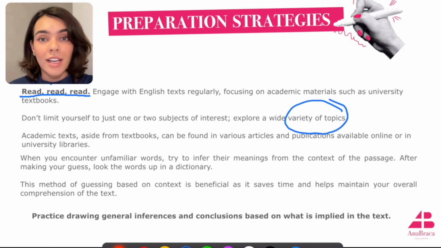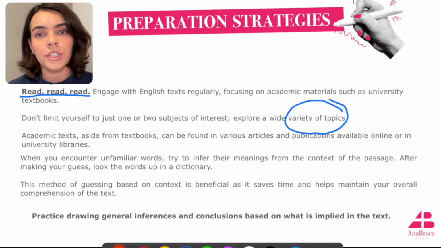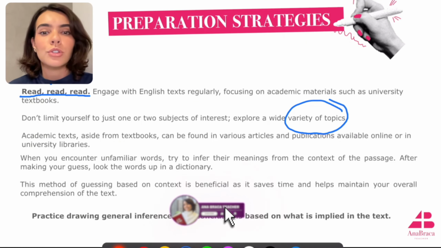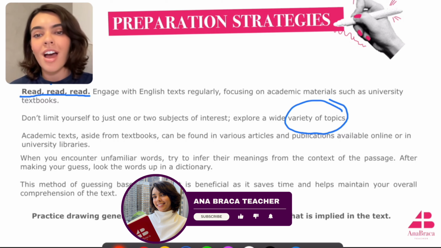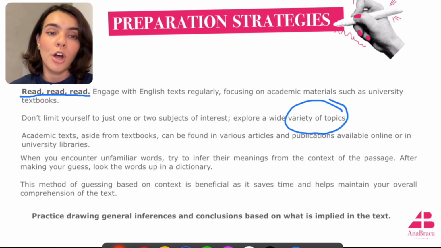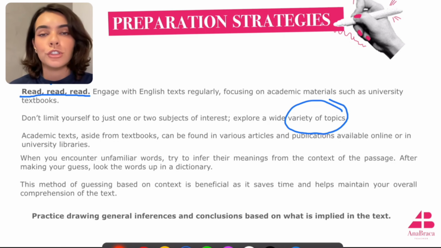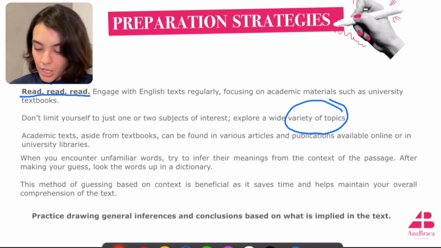Read academic texts. Reading is very helpful for you to develop your English, but reading a novel, for example, reading a book is not going to help you unless it is academic, okay? So I suggest you find articles or publications from university libraries to prepare for the TOEFL.